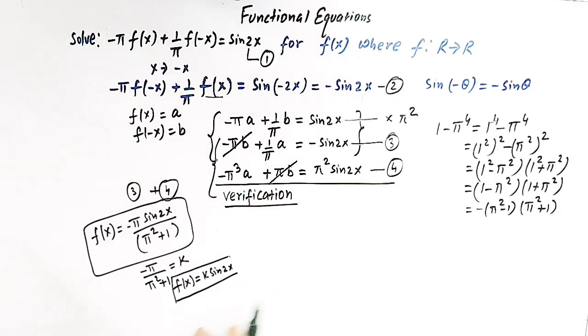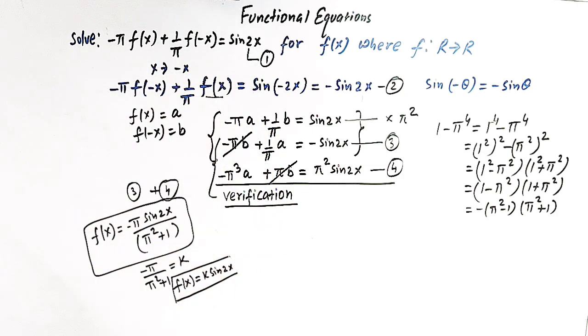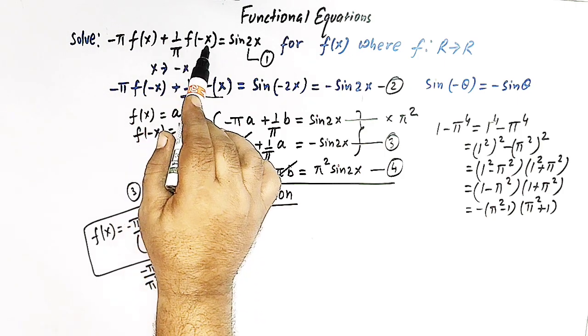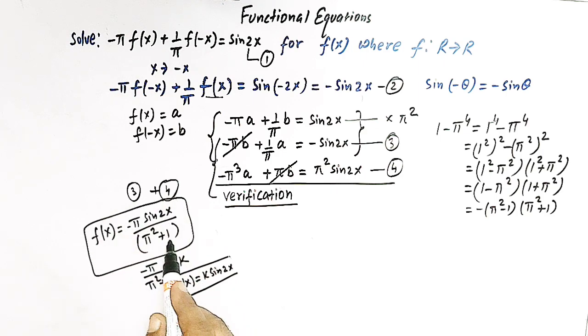So now let us see whether our solution satisfies this functional equation. Right, so let us replace f of x by this expression, and f of minus x by replacing x by minus x in this expression.